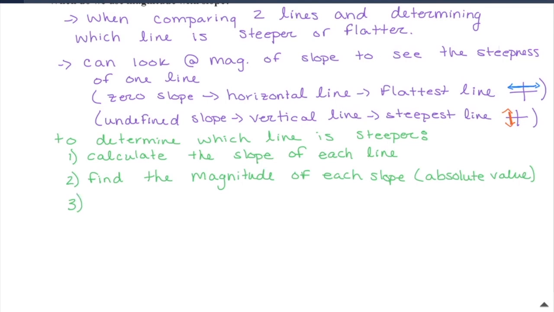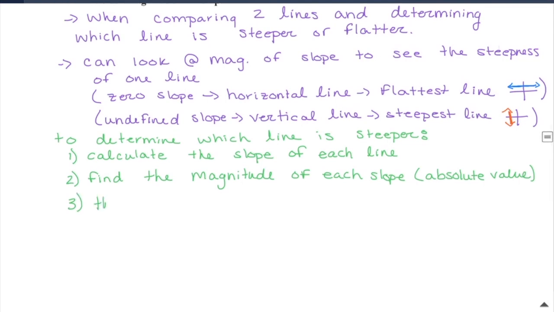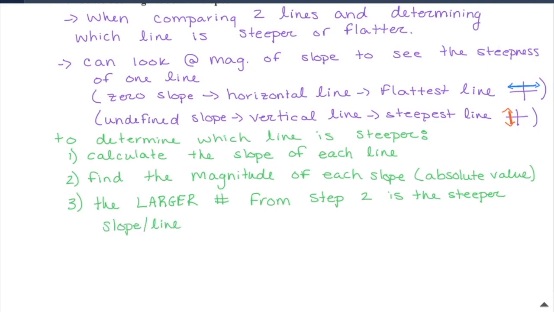And then third, the larger number from step number 2 is the steeper slope. Remember, the positive and negative don't matter anymore, so we're looking just at the positive of every number.